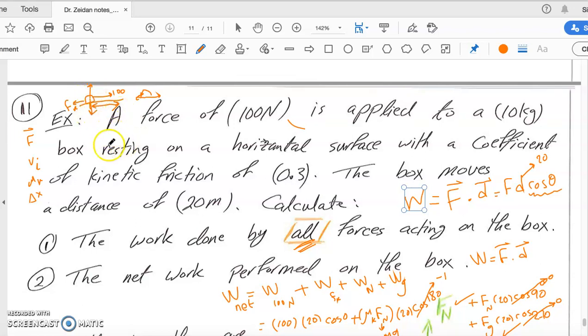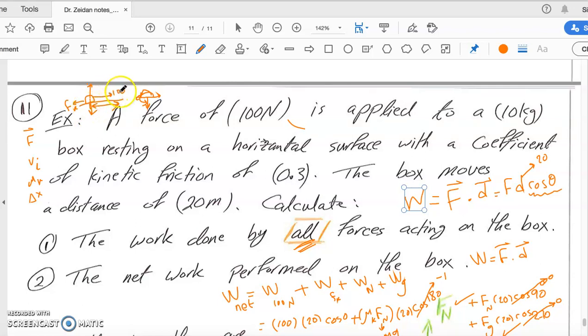What is the angle between the D and Fg? This is the D and this is Fg. The angle is 270. What is the cosine of 270? It is 0. Of course, even if you don't go through this much, you say, this is perpendicular to the distance. Since it's perpendicular, the work done is 0.